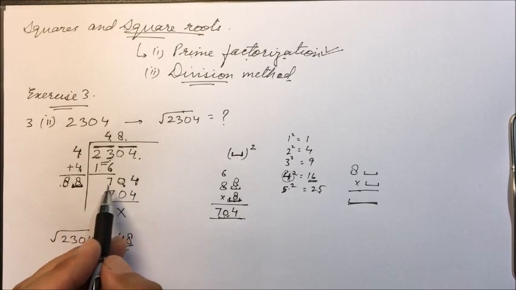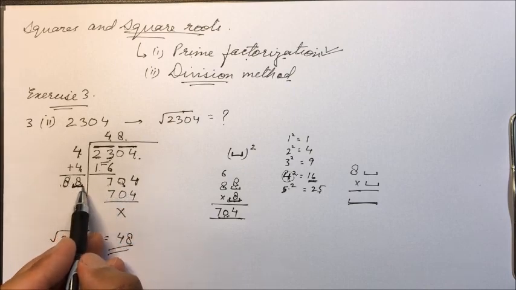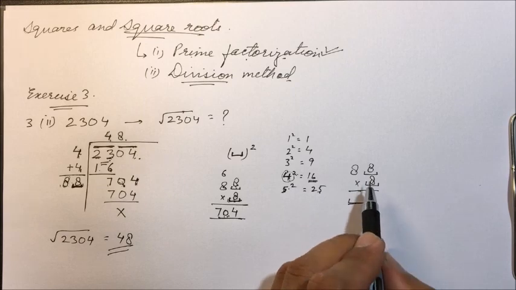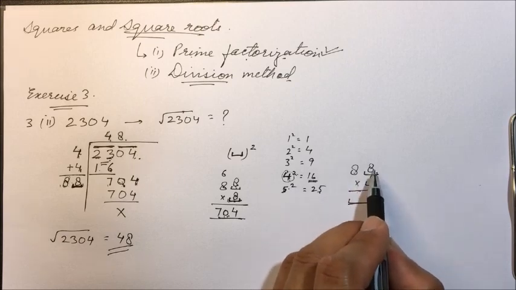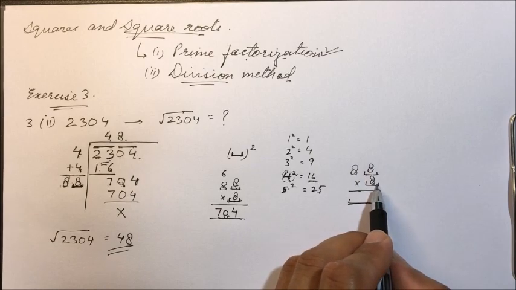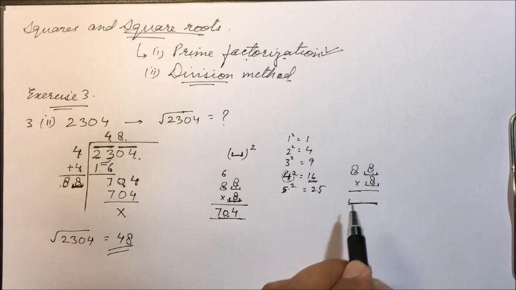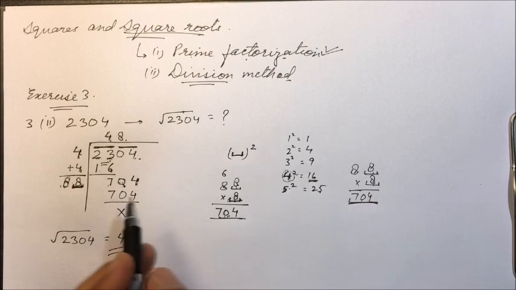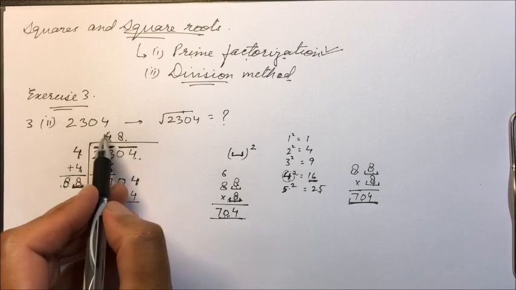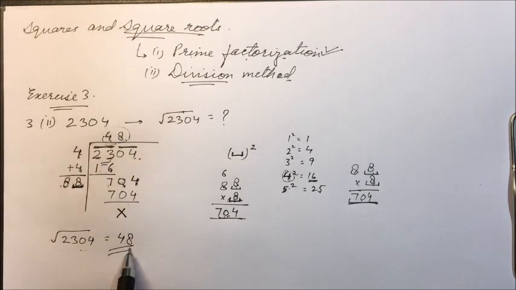By checking which number fits, we came to know that it is 8. When we multiply 88 by 8, we get 704, and this number does not exceed this number. The remainder is 0. So the answer is 48.